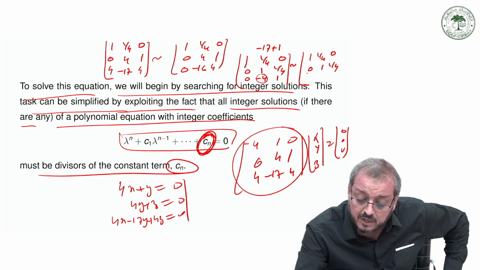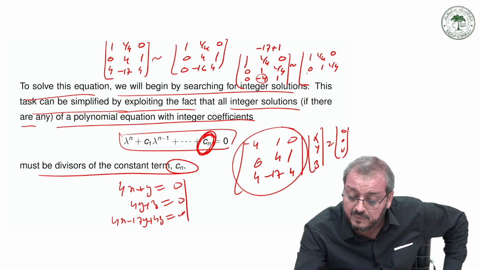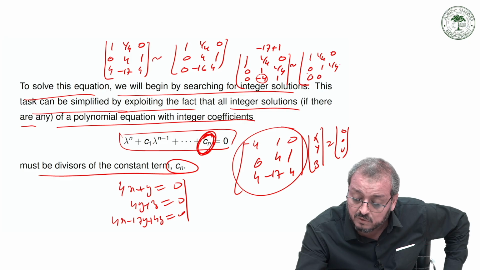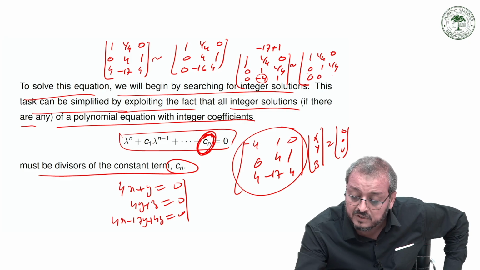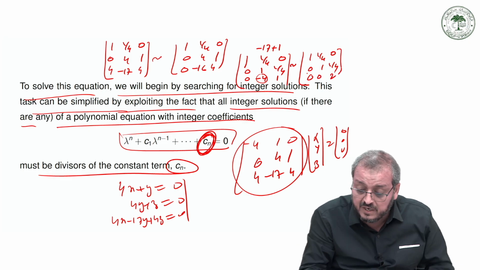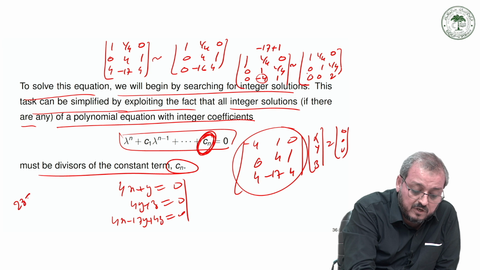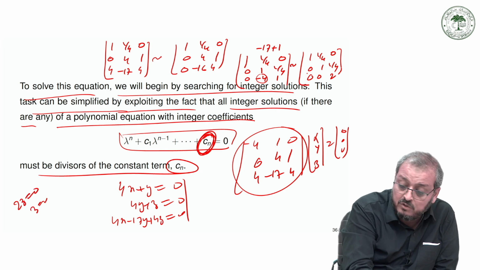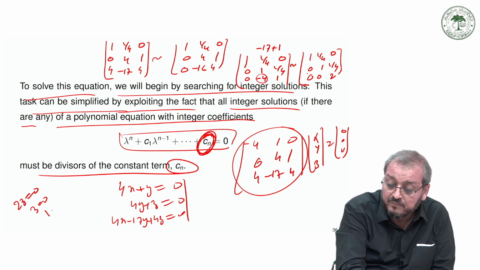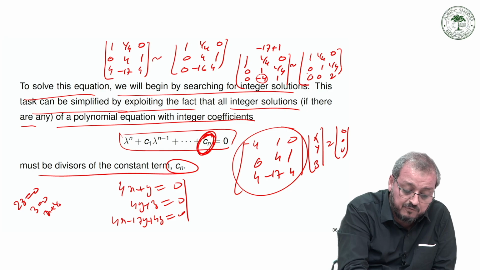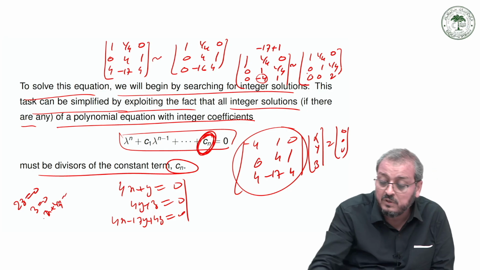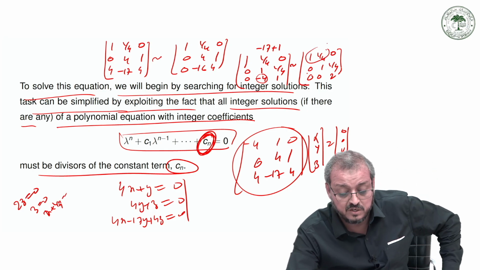Now multiplying by 4 and adding, this is 0, this is 0, then 1 plus 1 is equal to 2. So this means 2z is equal to 0, so z is equal to 0, and then 1 x plus 1 by 4 y is equal to 0, and so on, we simplify this way.